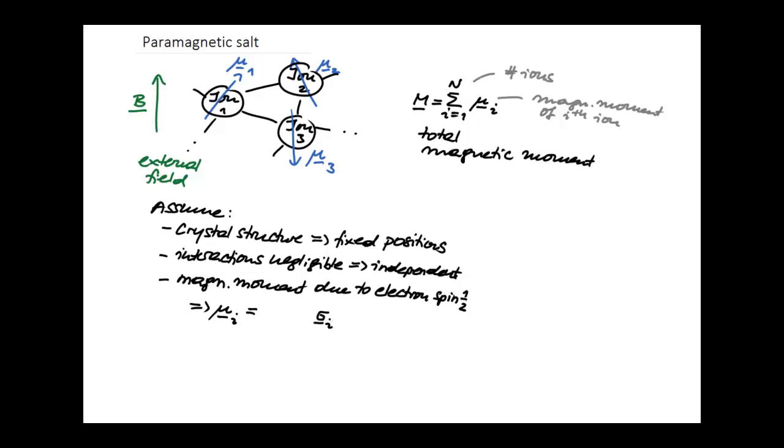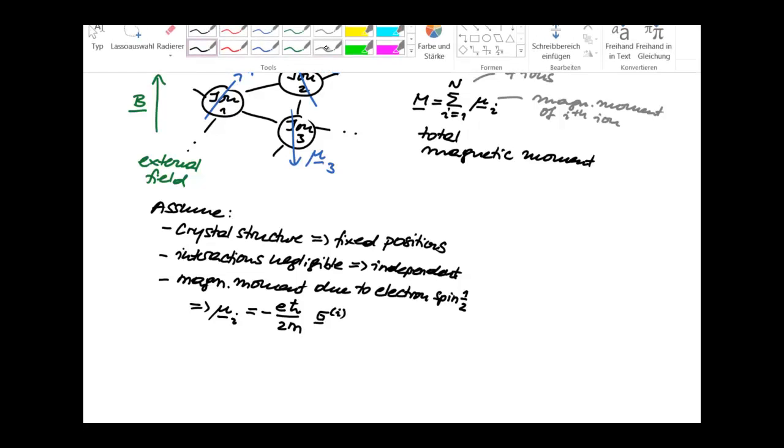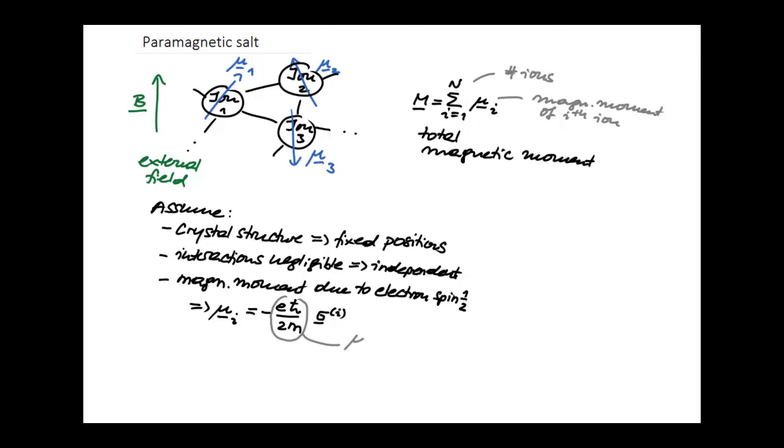So sigma i is the vector of Pauli matrices with entries sigma x, sigma y, sigma z, relating to the ith ion. Now the prefactor is minus electron charge times Planck's constant divided by 2m, and this prefactor is denoted by mu B and is known as the Bohr magneton.